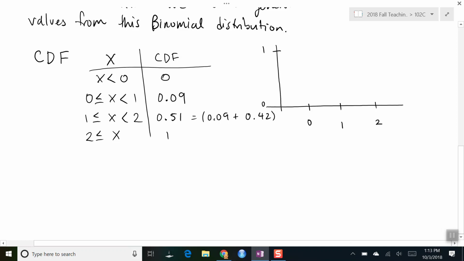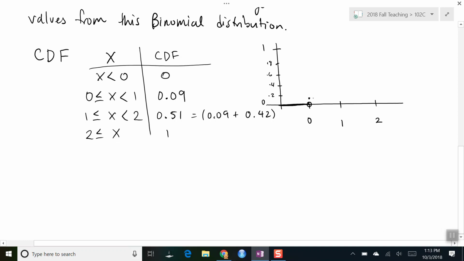Here I'm at 0, and then once I get to 0, I go there, and then at 1, I reach something around here, and then at 2, I'm up there.